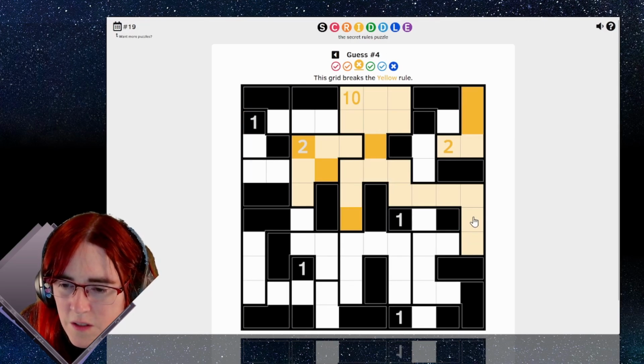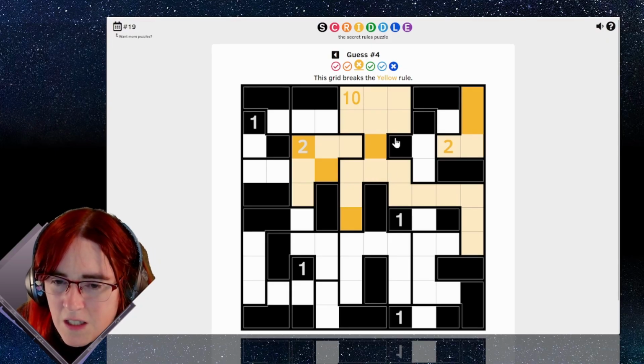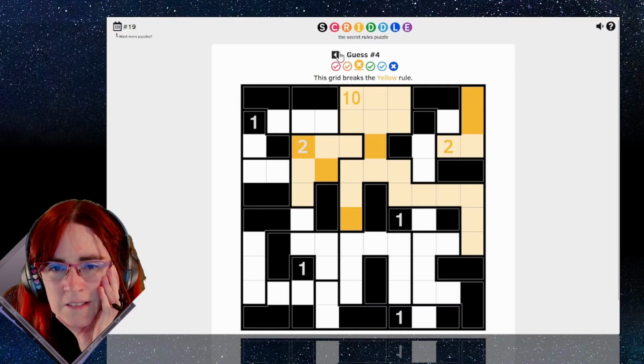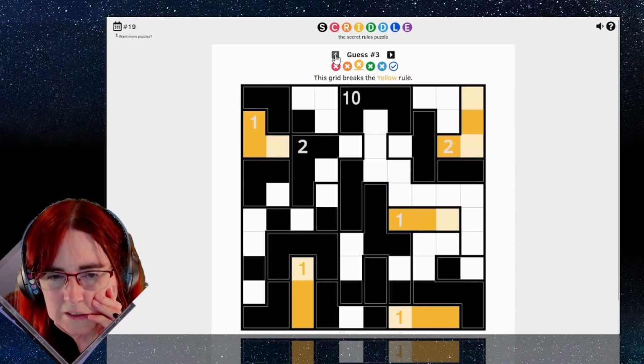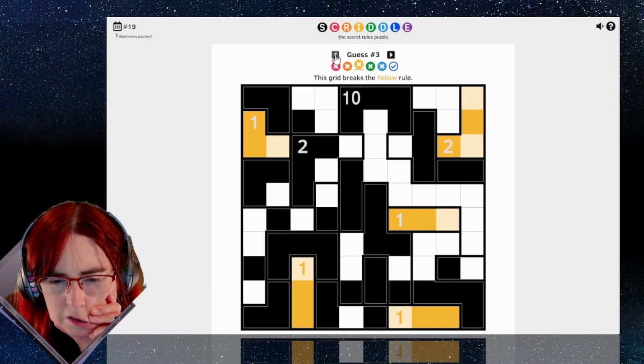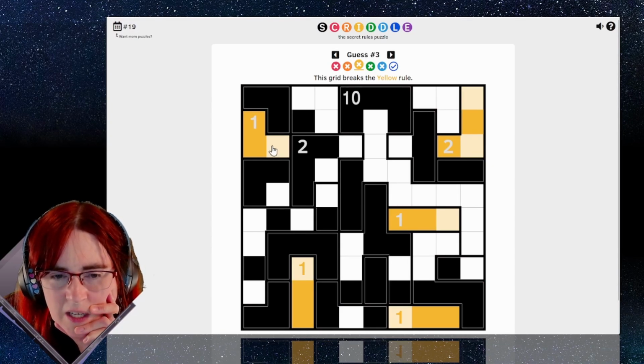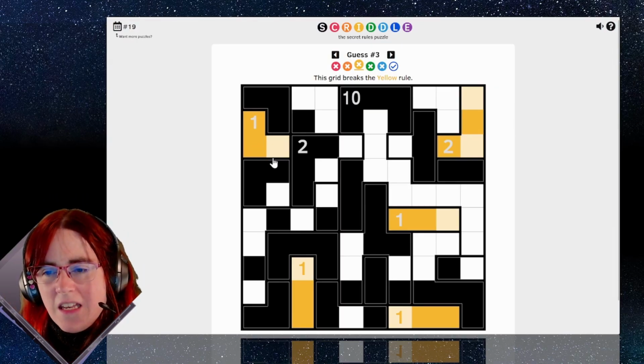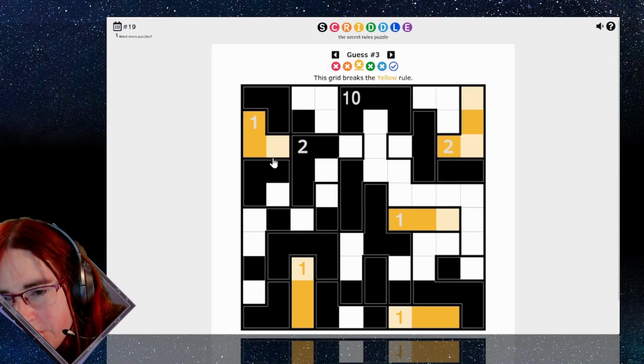But this one, 1, 2, 3, 4, 5, 6, 7, 8, 9, 10, didn't satisfy the 10 rule. Why are the 1 rules happy when the white cell's in the middle, but not when it's at the end?